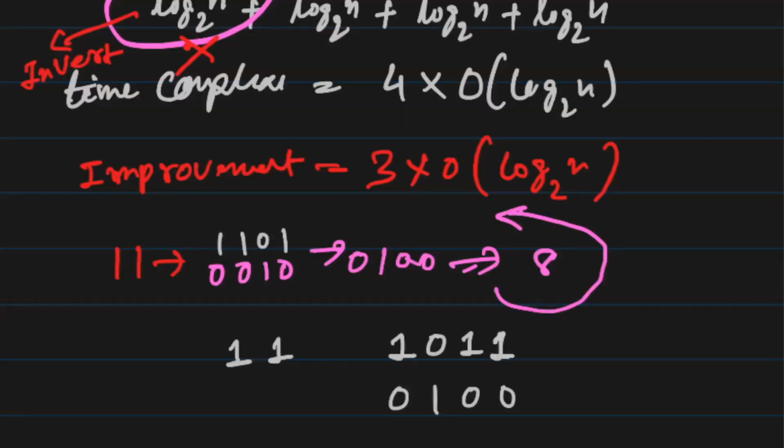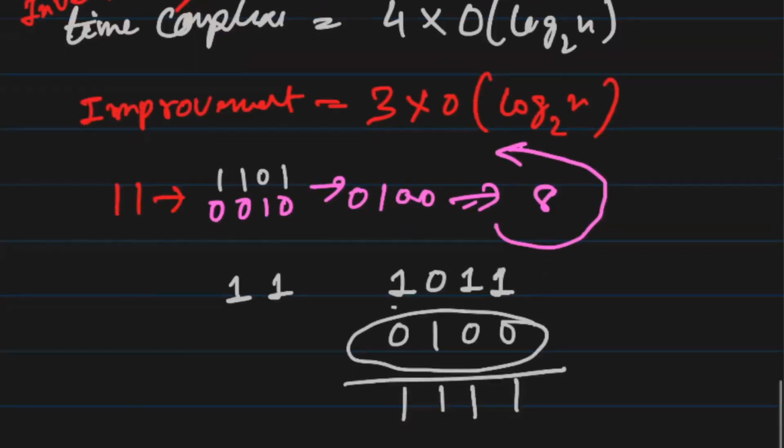This is nothing but doing an XOR, right? If I do XOR with this, what we are going to get is 1, 1, 1, 1, and again 1, right?